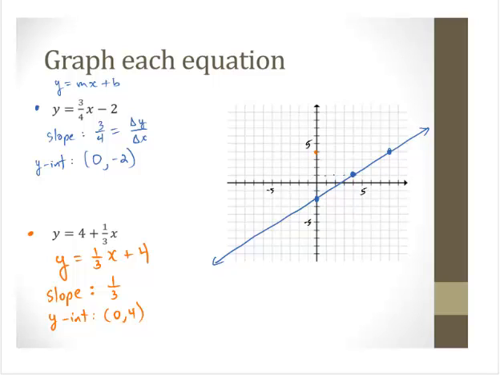Again, I will plot the point 0, 4, and using the slope of 1/3 let the line rise 1 and run 3, and I'll let that repeat a couple times. Drawing the line that passes through the points using a straight edge. So there's a couple examples of how we can graph linear equations in slope-intercept form using the slope and the y-intercept.